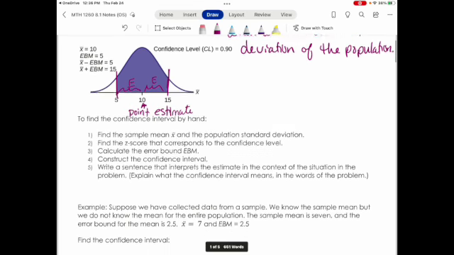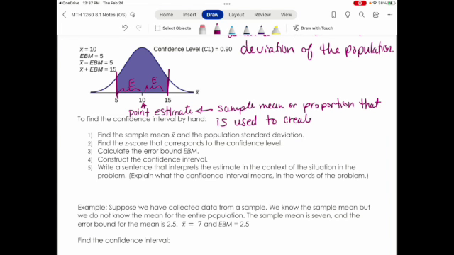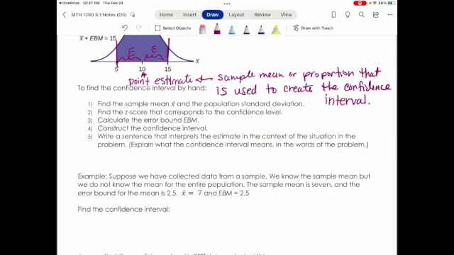So as we go through some examples, I'm going to introduce some new vocabulary to you. So far, what has been introduced is the word point estimate, and that's going to be the sample mean or proportion that we're going to use to create the confidence interval. Okay, now I'm going to show you how to do this by hand, and I'm going to show you how to do it on the calculator, and you can choose the method that you want to use.